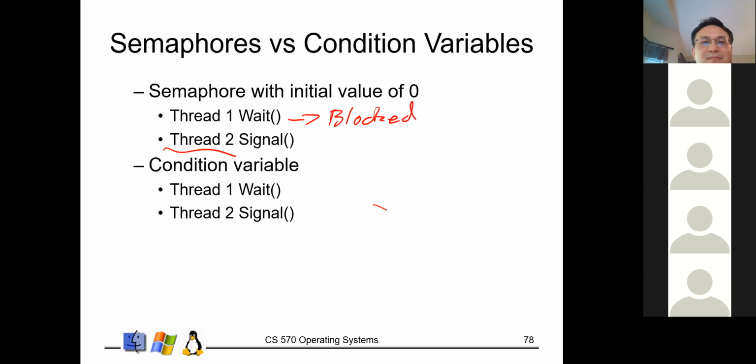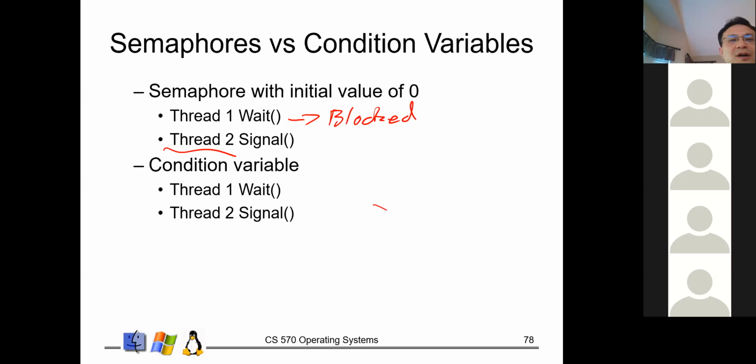It'll be incremented to 0, and then thread 2 will be able to execute. Yeah. And what about thread 1? I don't know. Good try. Actually, you kind of answered the question.